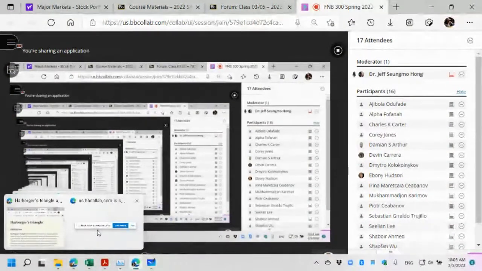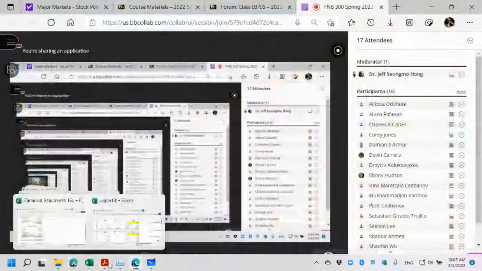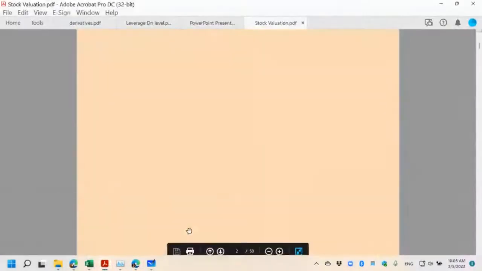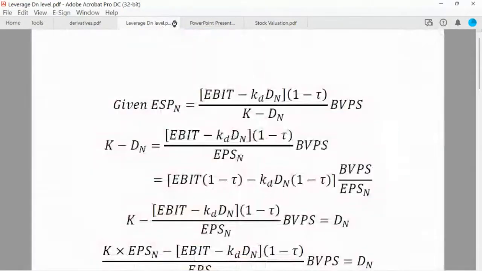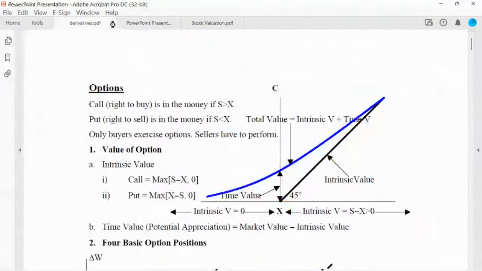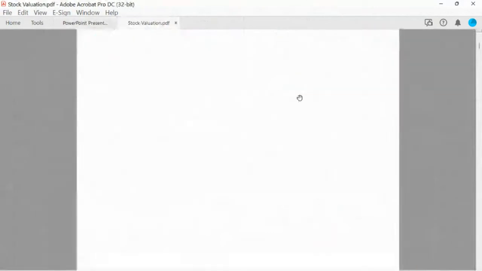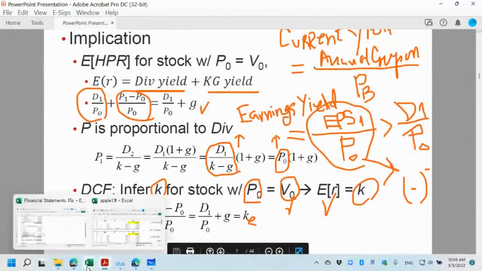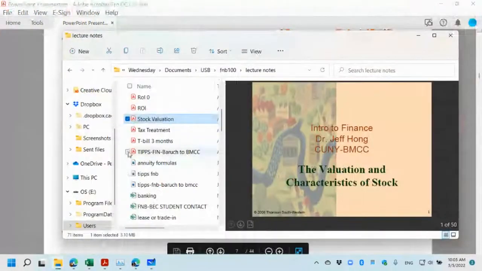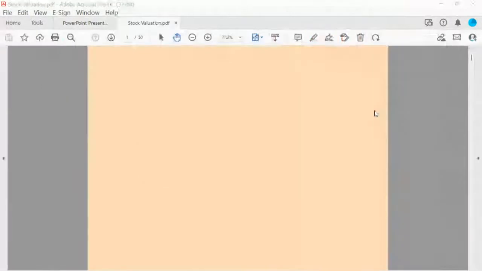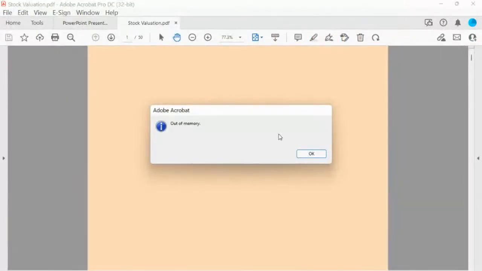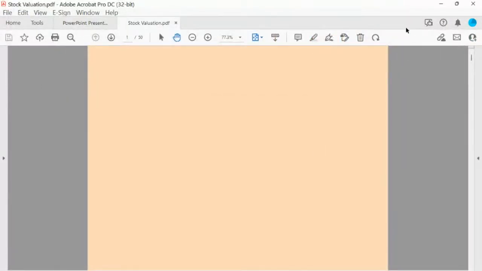Close this, close this. Let me try opening that again. Why does it do this continuously?